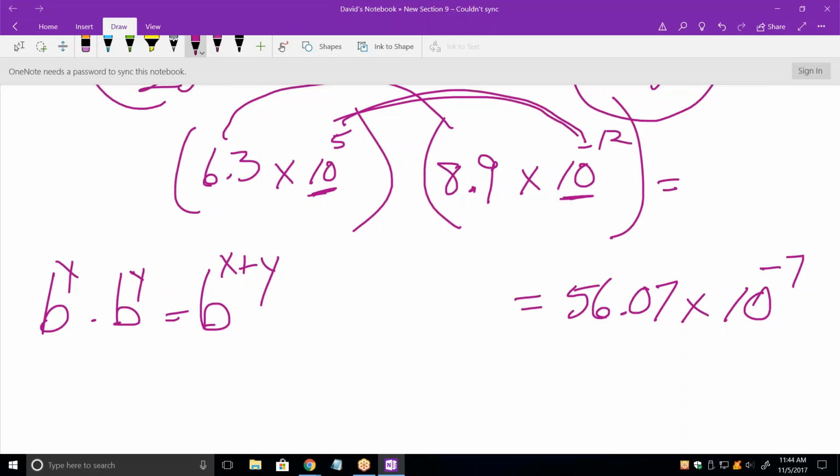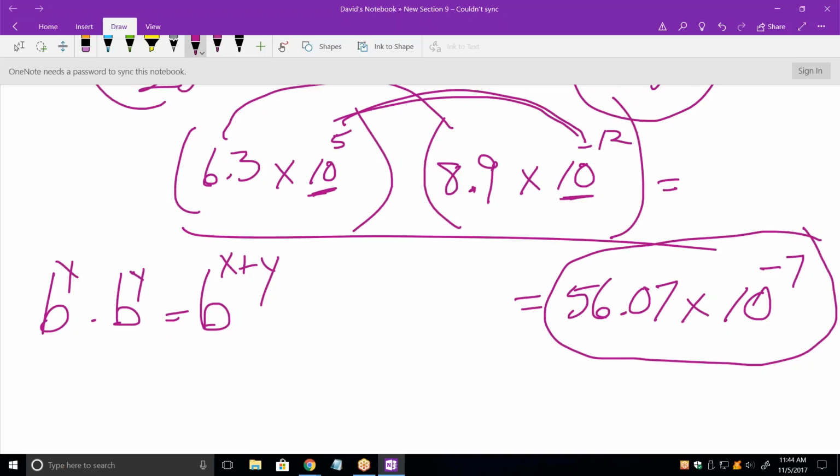Now, there's nothing wrong with that as an answer, but it isn't scientific notation. If they just gave you that problem, then this answer is fine.